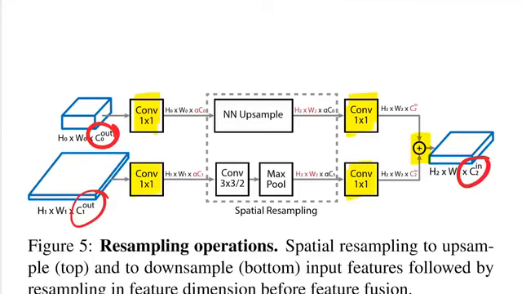So because this is fairly compute intensive, or so they claim, what they do first is they always first go to less features. So here we have a number of features, let's say this is C0.